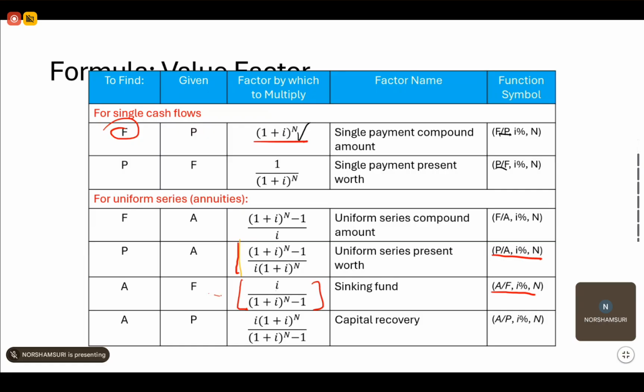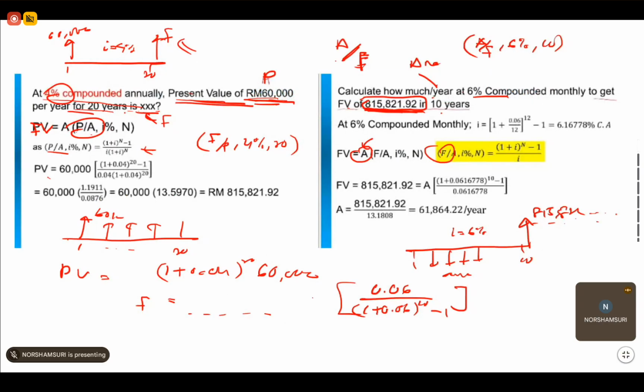Sorry, the future value here. So the future value is 815,821.92. So then you can get the annual value here.